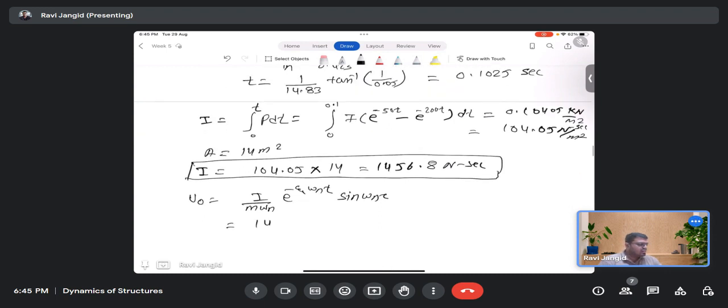I is 1456.8, m is given as 50,000, ω_n is 14.83, damping is 0.05, and t at the maximum is 0.1025, and then sin of ω_n t, so sin of 14.83 times 0.1025.